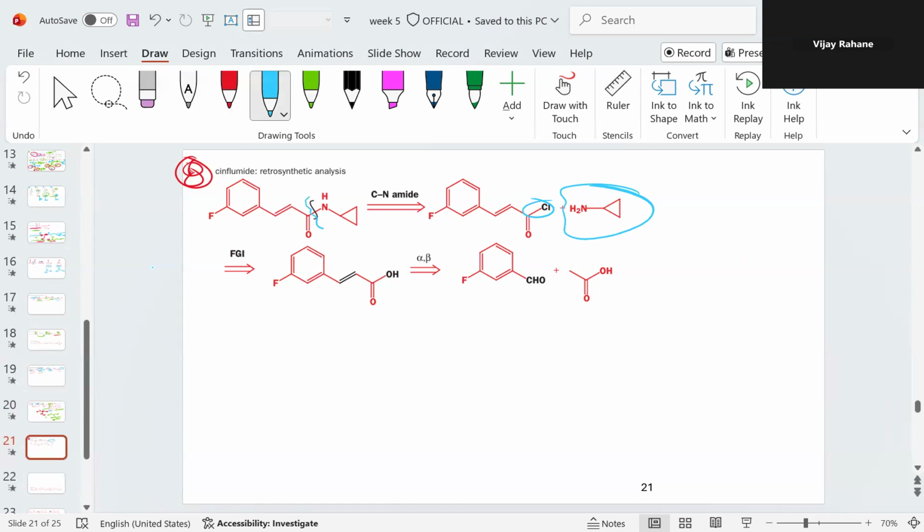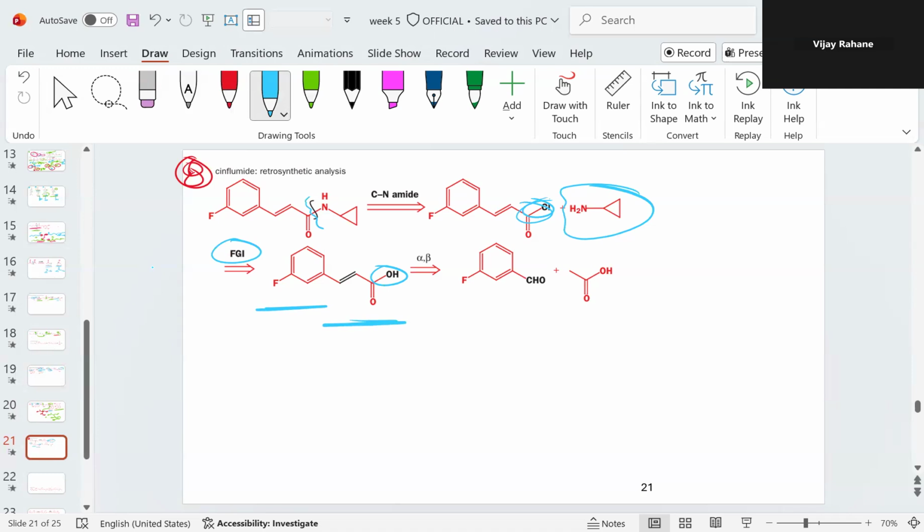This acyl chloride can further come from this acid, just by functional group interconversion, and this acid is the entire part plus this other part.